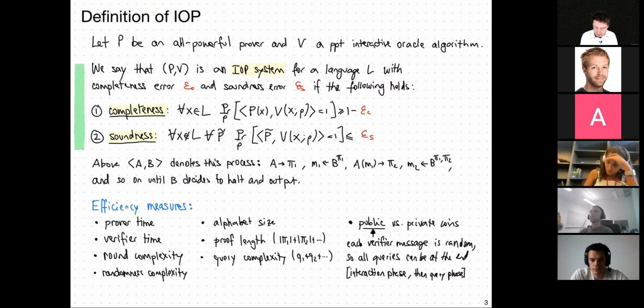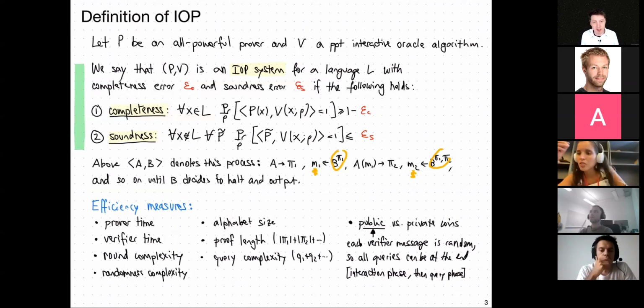Because if every time the verifier sends a message it's just randomness, there is no reason to query things in the meantime, because what would the verifier have said at round 3? Randomness. More randomness at every round, regardless of what the answer from the oracle is. So in a public coin IOP, you can safely postpone all the queries to the end of the interaction.